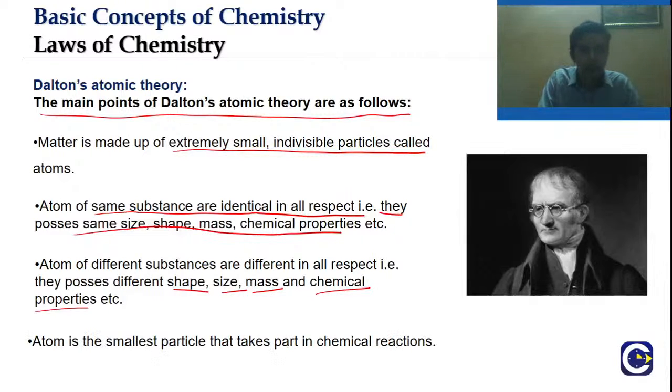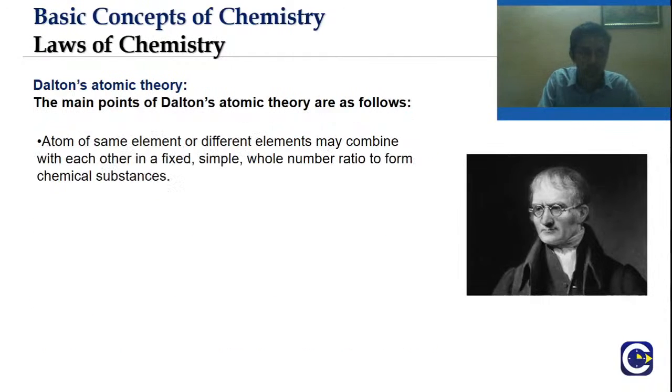Atom is the smallest particle that takes part in chemical reaction. This is also true, isn't it? So atoms take part in reaction. In case of compound, molecules take part in reaction. Atoms of same element or different elements may combine with each other in a fixed simple whole number ratio to form chemical substances.